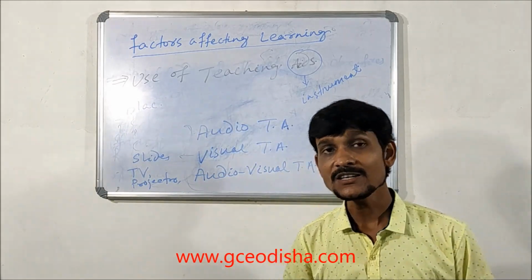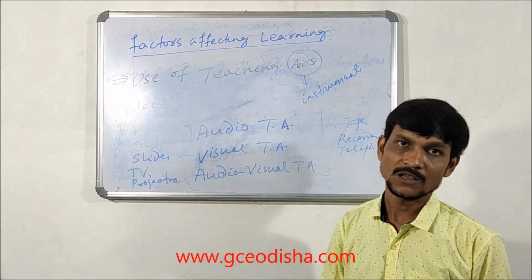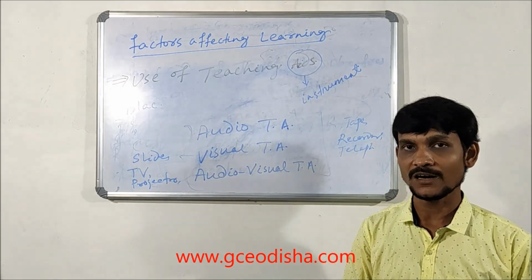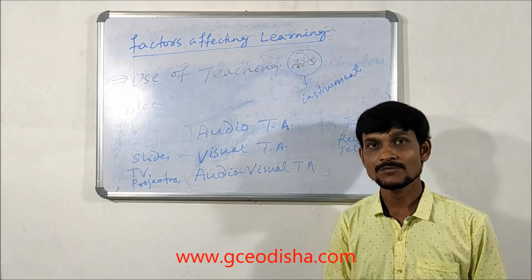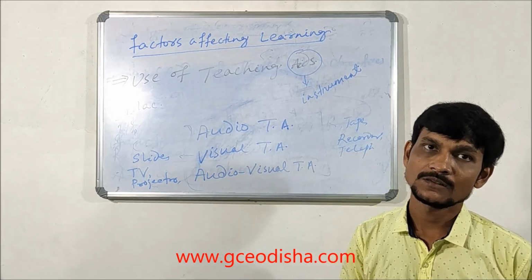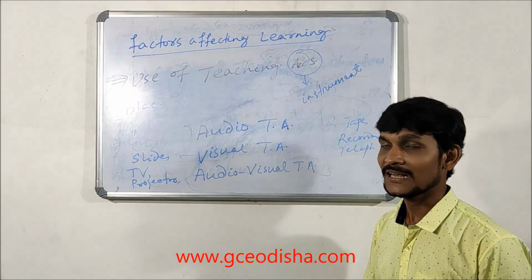According to the requirements of the individual, what type of teaching aids we will select, by which the individual will learn properly, that selection will depend on the classroom teacher.